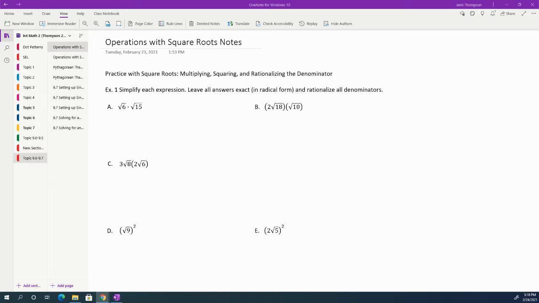the denominator. So example 1, simplify each expression, leave all answers exact, which means in radical form, don't turn anything to a decimal, and rationalize all denominators.